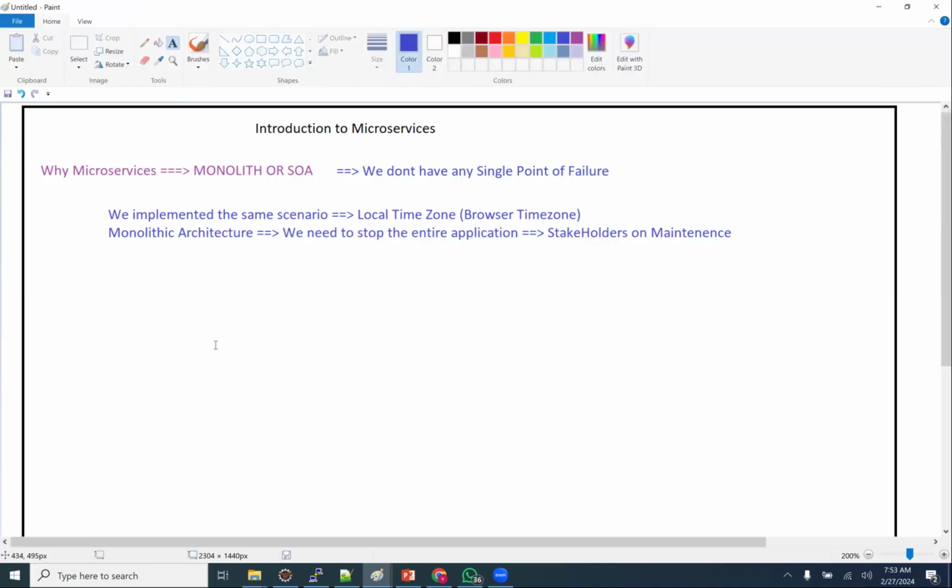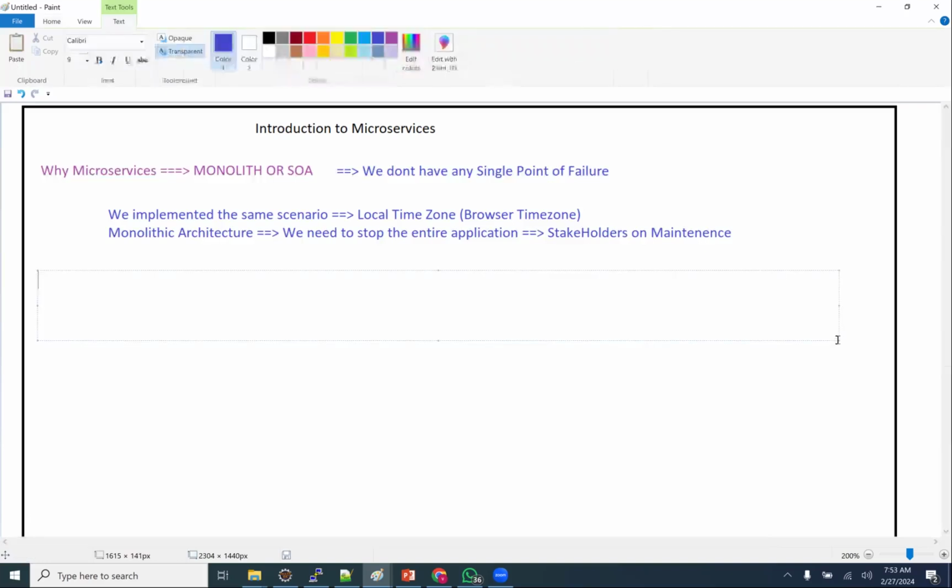Now, first of all, what are these, guys? Monoliths or SOA? What are these things actually? Architectural patterns.